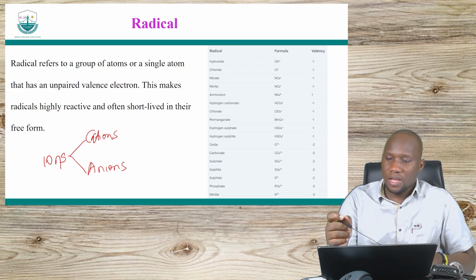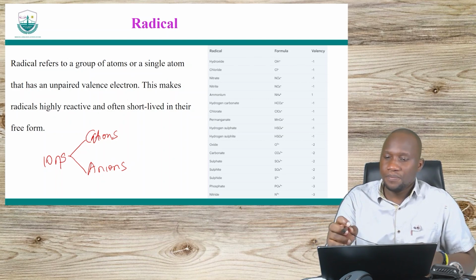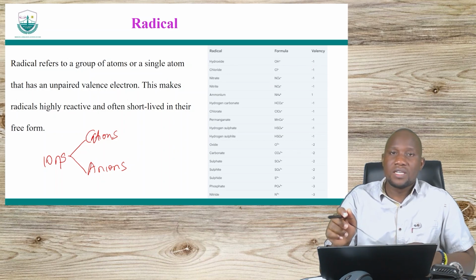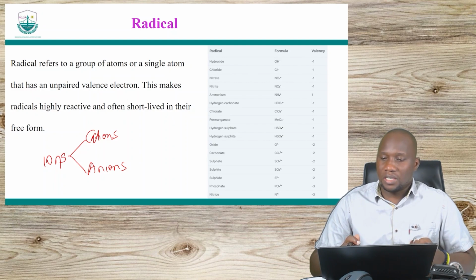The radicals that we have here, there are quite many. We have the hydroxide radical with a valence of -1, chloride with a valence of -1, nitrate -1, nitrite -1.